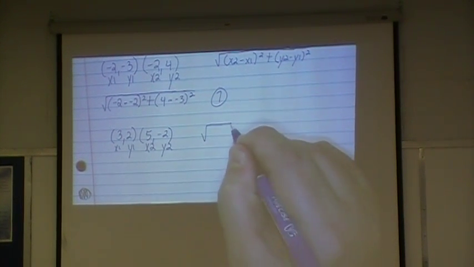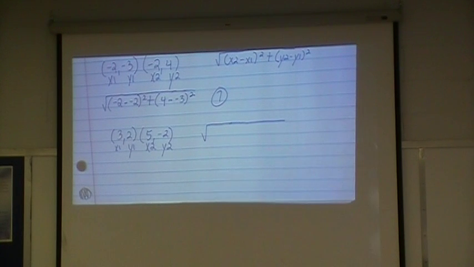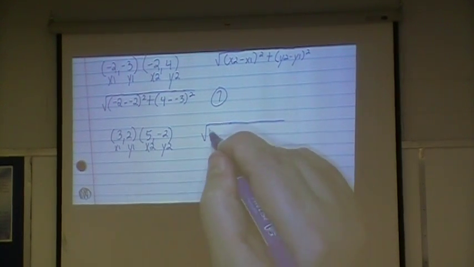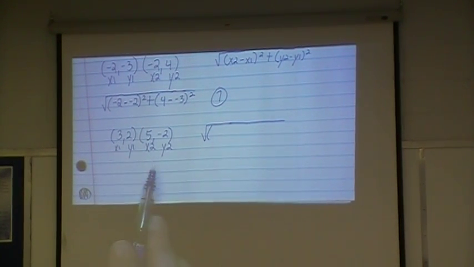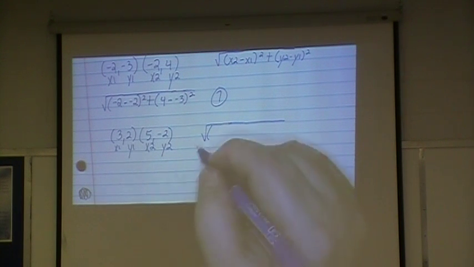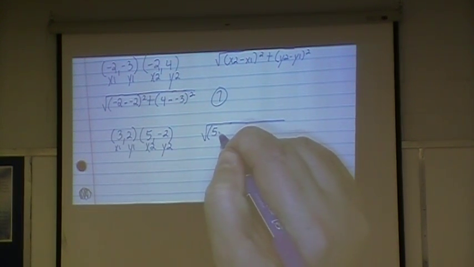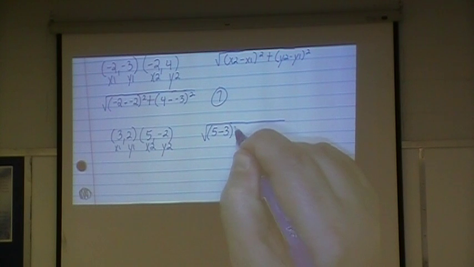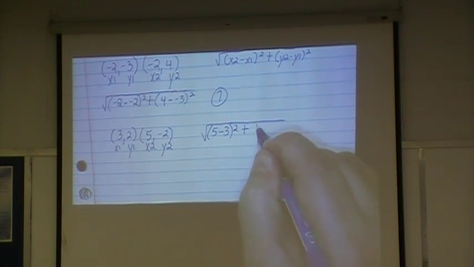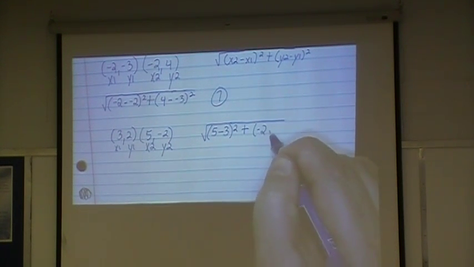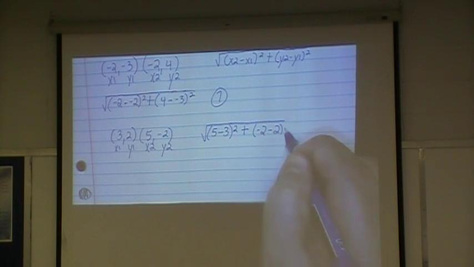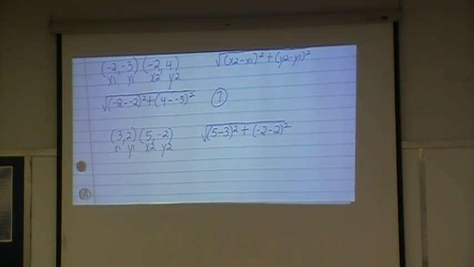Now I want you to write down what you're going to put in your calculator. Parentheses, x2 is 5 minus 3 squared plus -2 minus 2 squared. Once you've got down what you're going to put in your calculator, then take your calculator and enter that in.